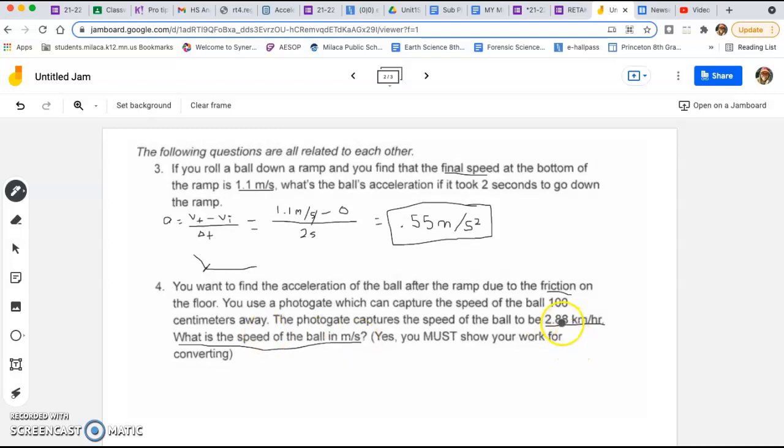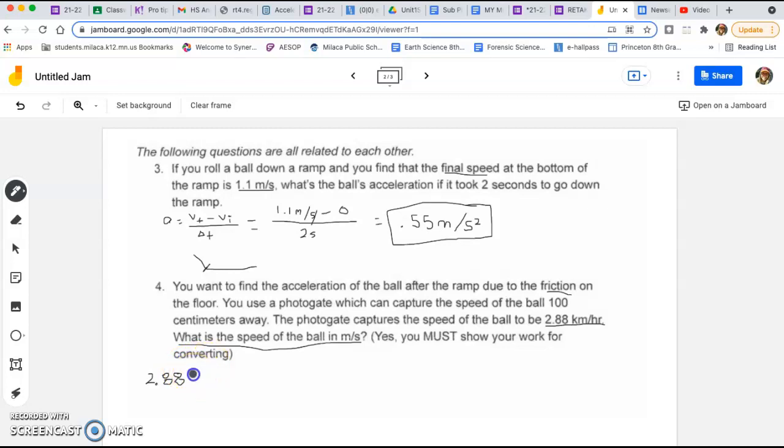So we know we're starting at 2.88 kilometers per hour, and we want to get that into meters per second. So we have to set up the conversion table. So pause here, try to get it yourself, and then come back if you can't, all right?